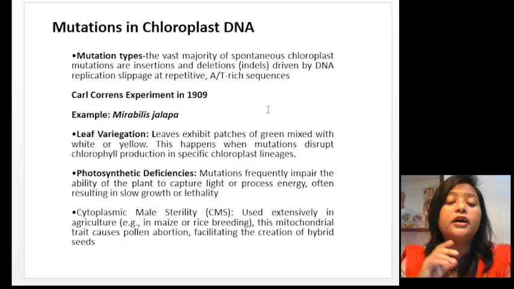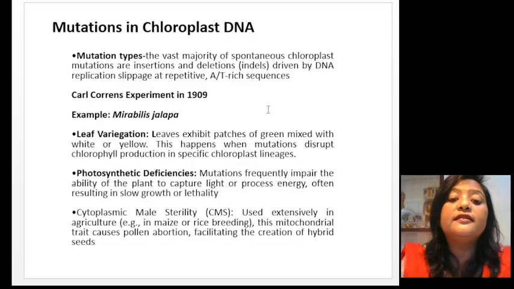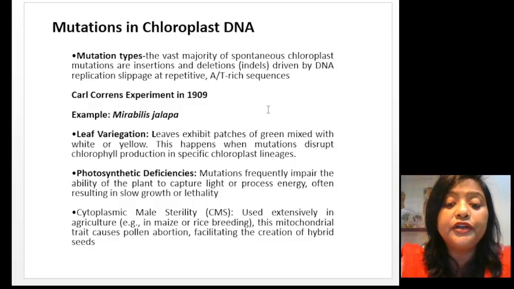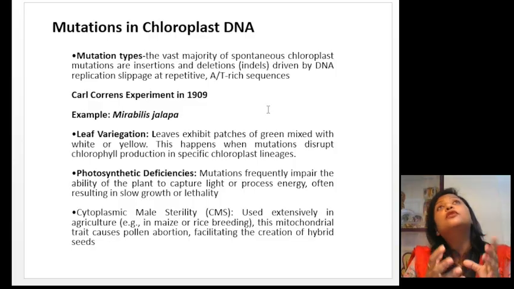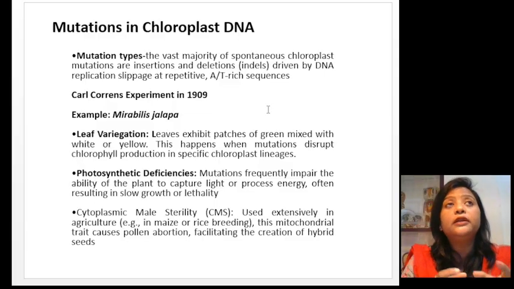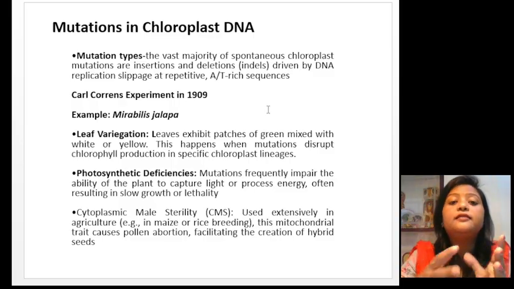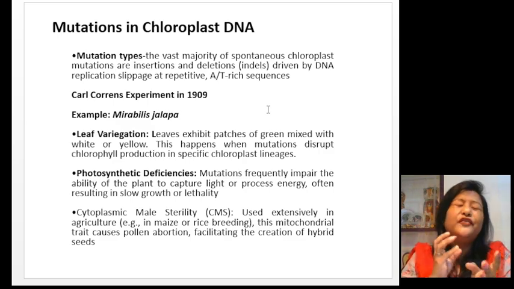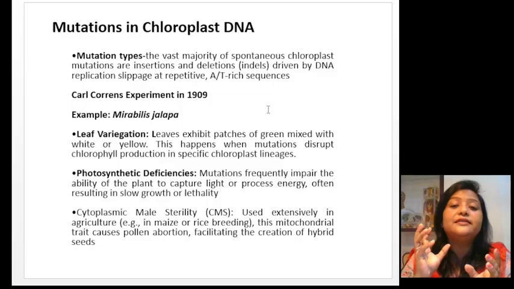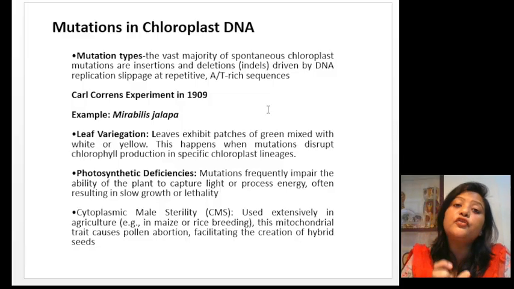Now number two is photosynthetic deficiency. As already told, if the chloroplast is affected and the chlorophyll is also affected, what will happen? If you have heard about the light reactions occurring in plants, you will know that chlorophyll attracts light photons from the sun.